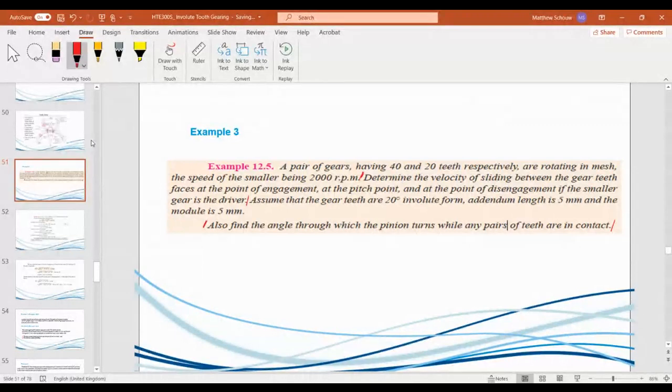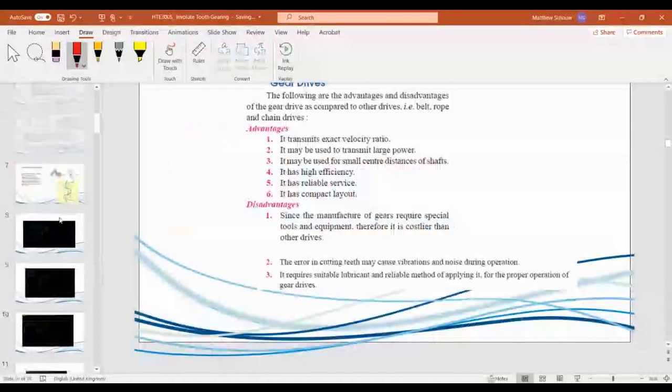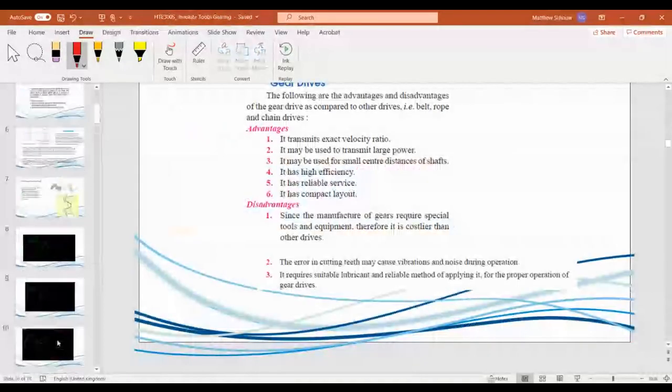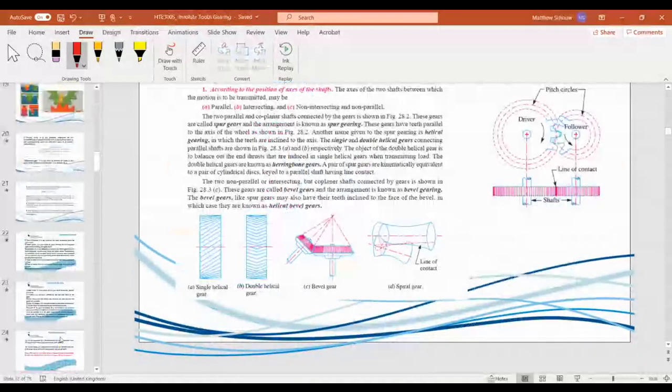So what do we mean by the point of engagement, at the pitch point, and at the point of disengagement? Do you guys remember when I showed you this? I have another nicer diagram. I'm deliberately using the more crude one here, which I explained, just to see if I explain well or not.